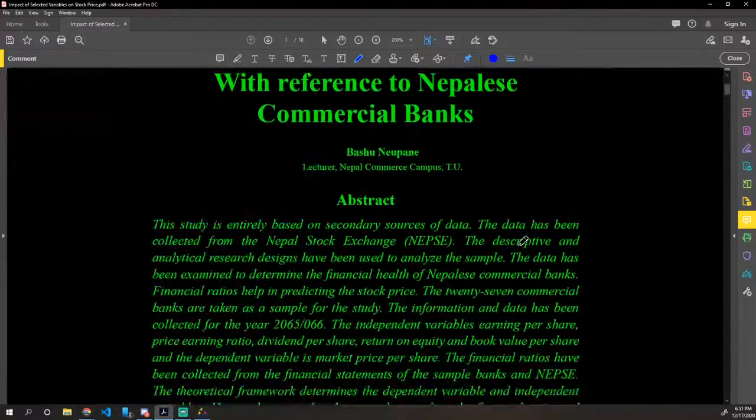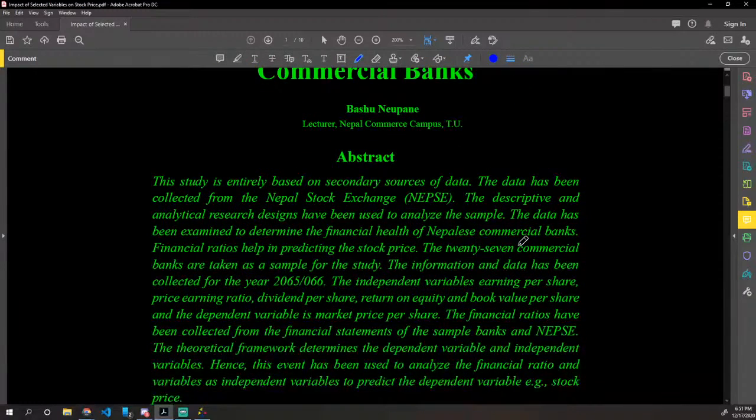And then who's the writer? Basu Nepani, lecturer in NCCTU. Studies are done based on secondary sources of data, not primary. The data has been collected from websites, and the descriptive and analytic research design has been used to analyze the sample, and then the data has been examined to determine the financial health of Nepalese commercial banks.